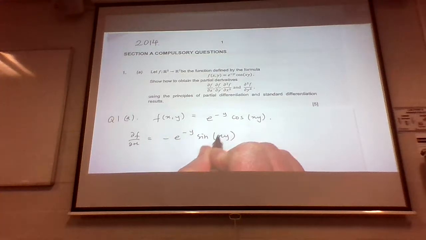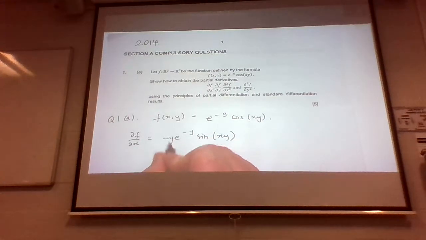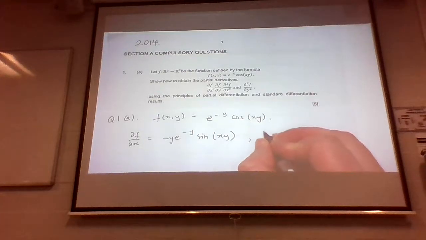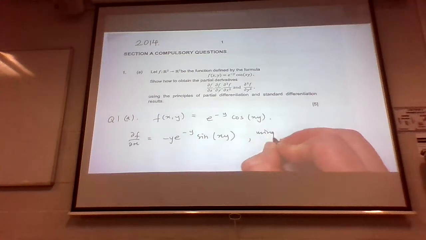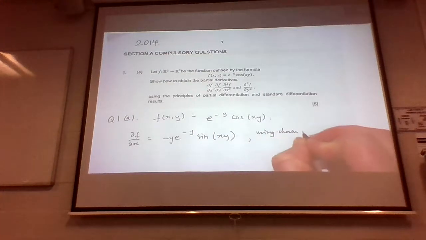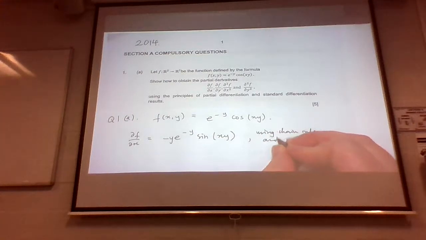But the inner argument is a non-trivial function of x, so we need to apply the chain rule and multiply by the derivative of that. So we get an extra factor of y. So here we're using the chain rule and treating y as a constant.